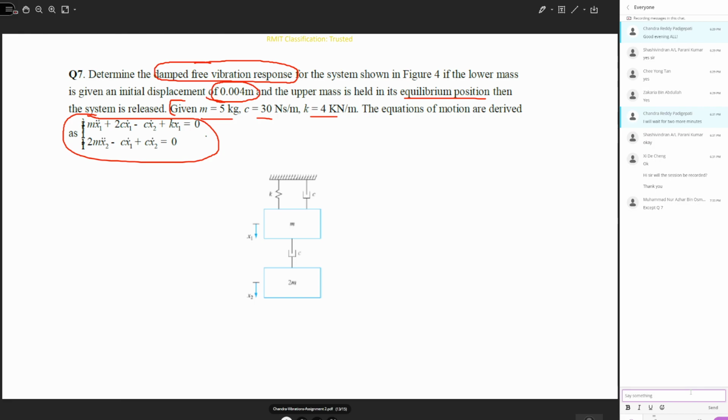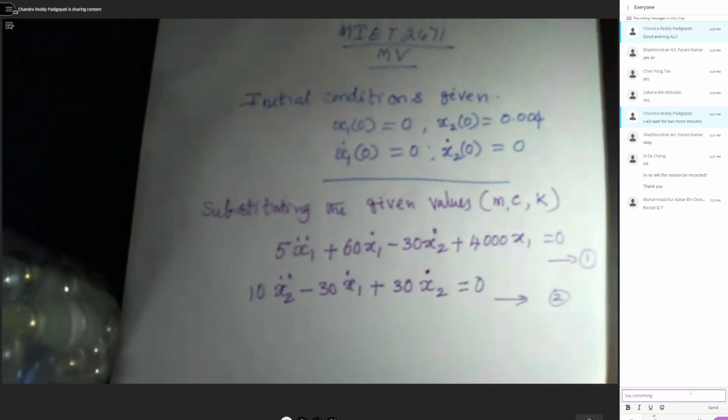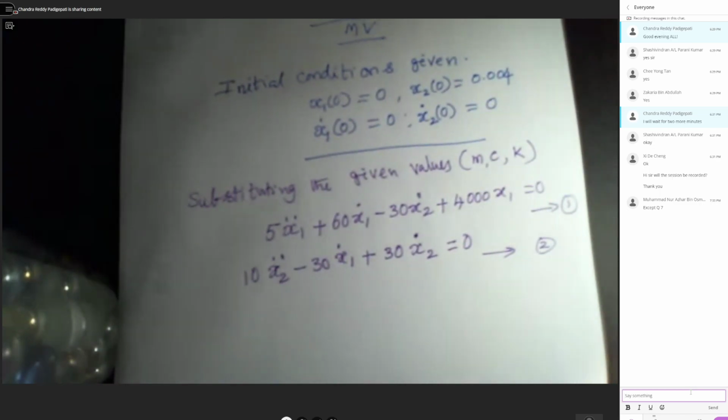All right, so we can write the two equations of motion like this. So I'll go back to the camera. Yeah, so these are the equations we can write.